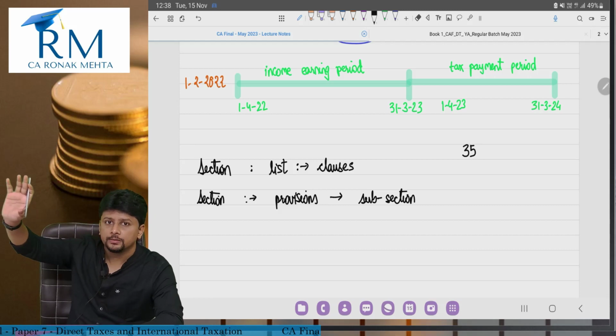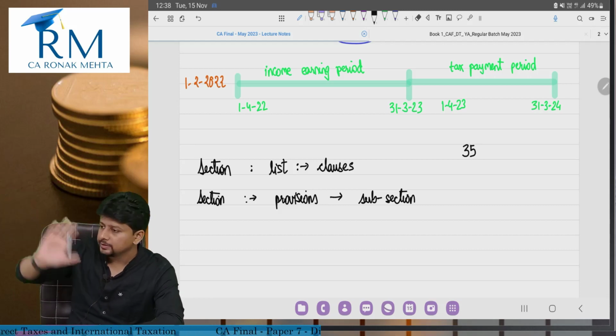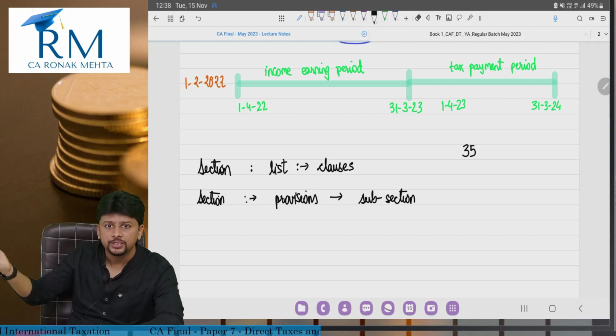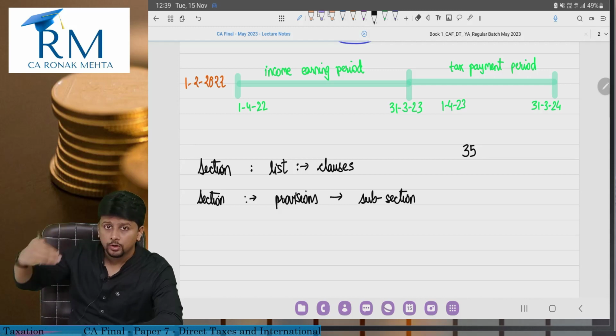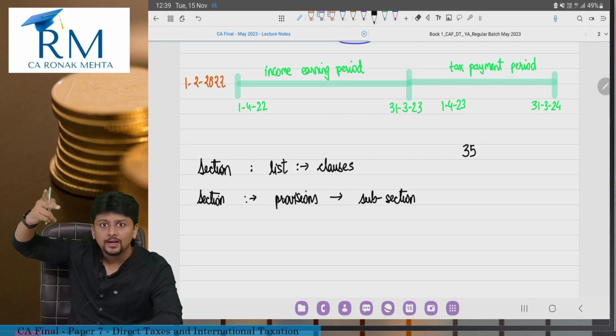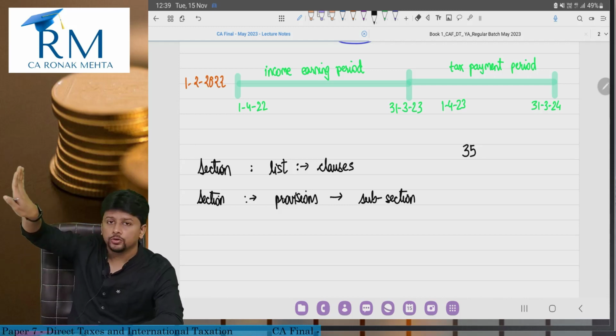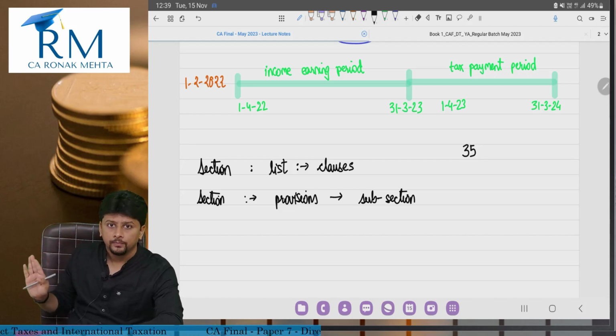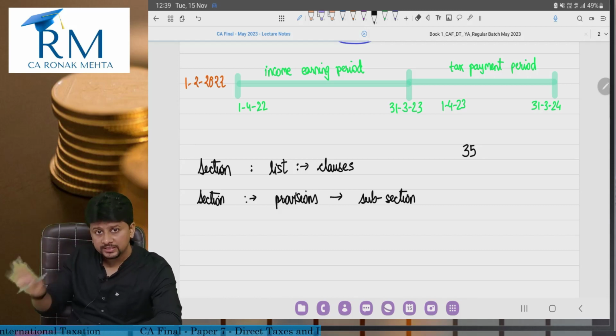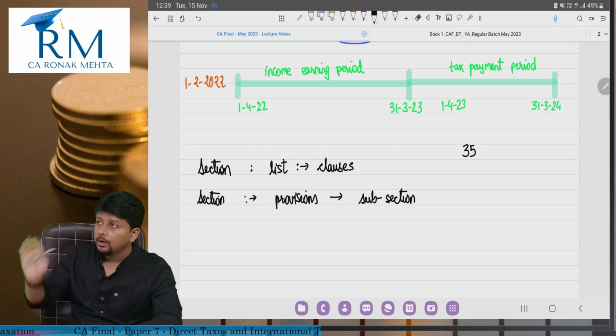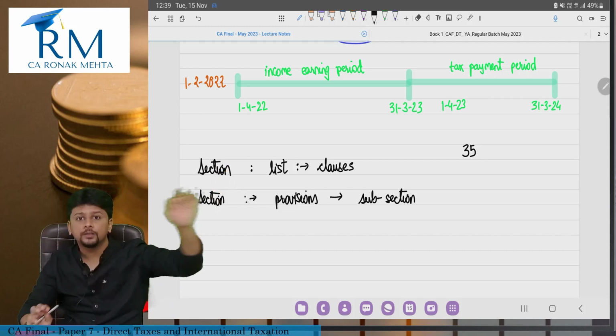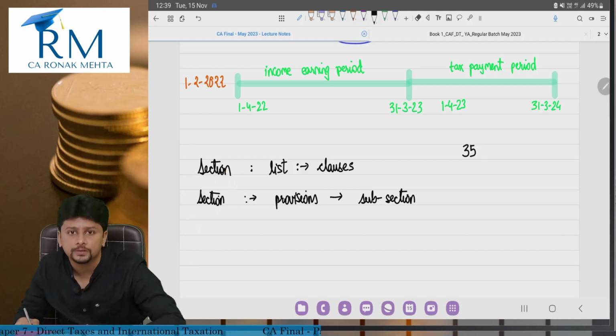Subsection 1 states revenue expense is allowed as a deduction. Subsection 2 states capital expenditure is allowed as a deduction. The two of them are in a way unconnected to each other. One talks of revenue, the other talks of capital. Yes, both of them talk about the same thing, research, but one is independent of the other. Then they are subsection numbers.